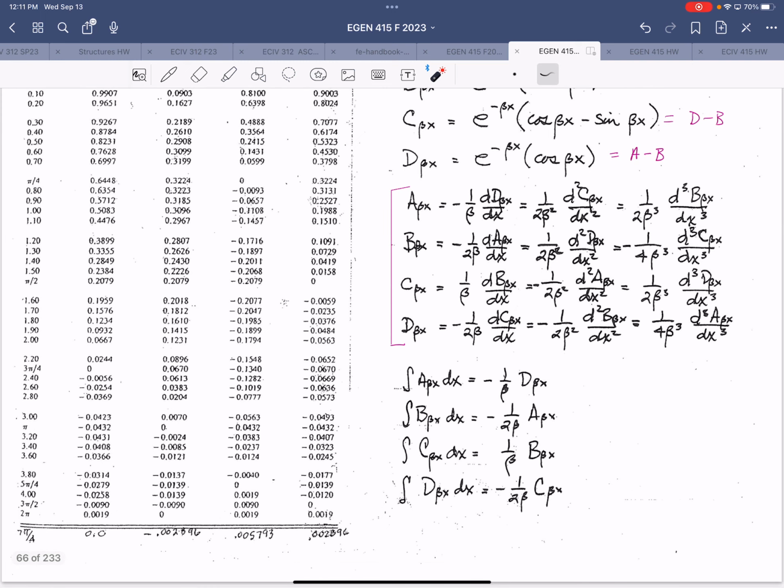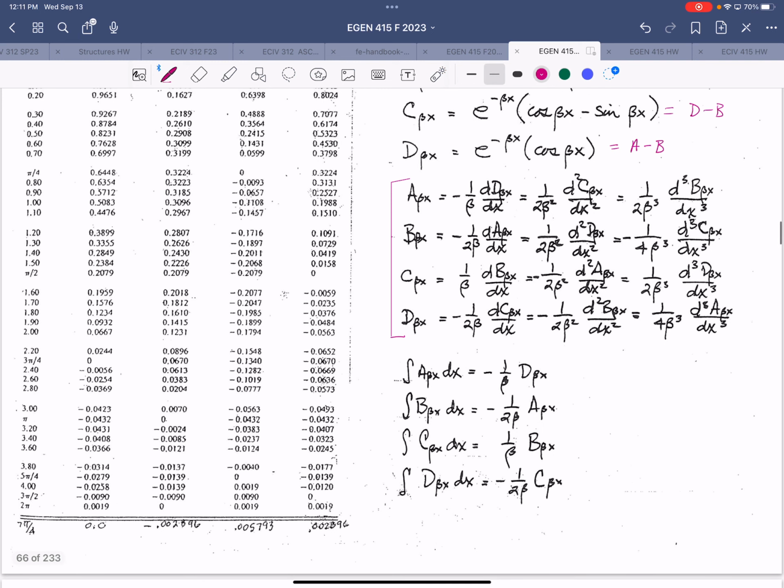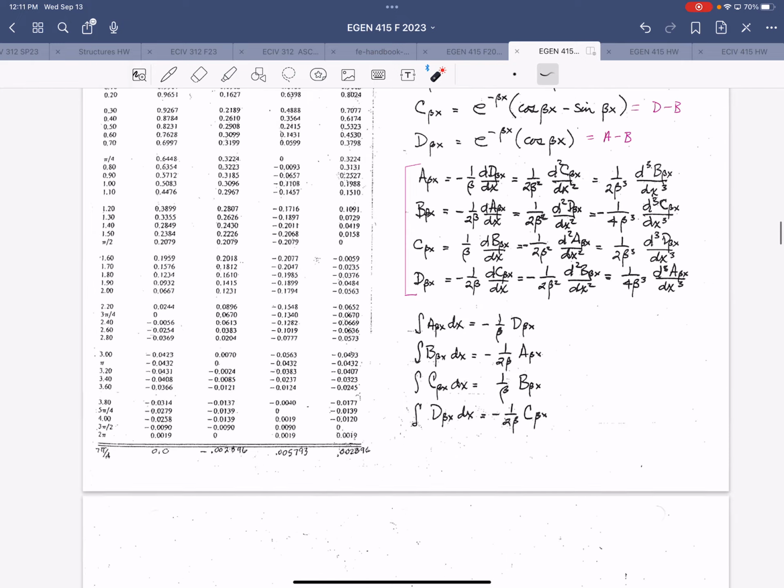You kind of have to work a little bit backwards to use it, but it's pretty convenient the way it's set up. And then the integral table down below can also come in handy. That one's a lot simpler, but we'll be using the derivative table more than we will be using the integral table.